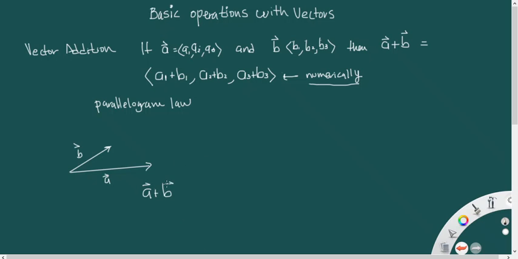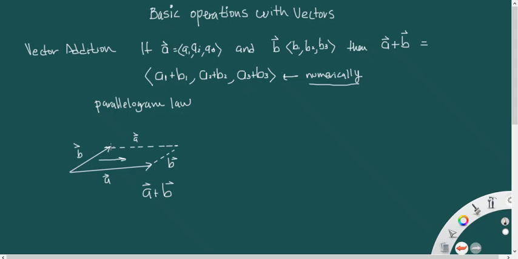Okay, so A plus B in a geometrical way, we can move vector A, and we are moving vector B. This is vector B, and we are projecting vector A in this direction.